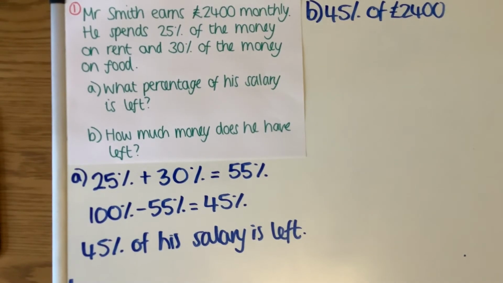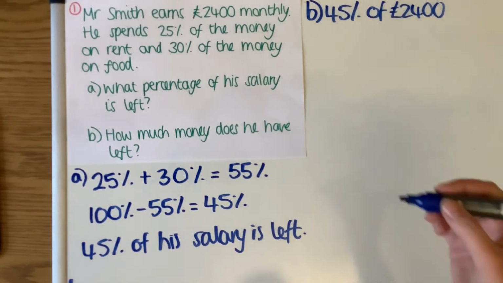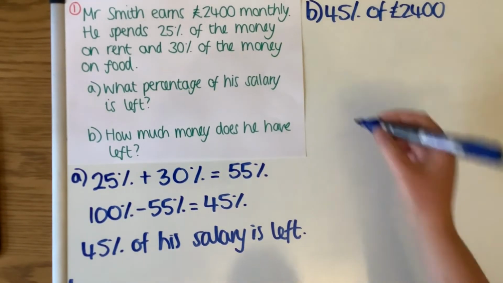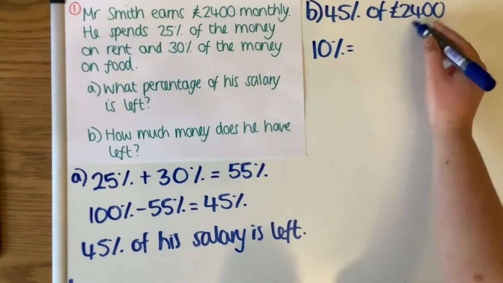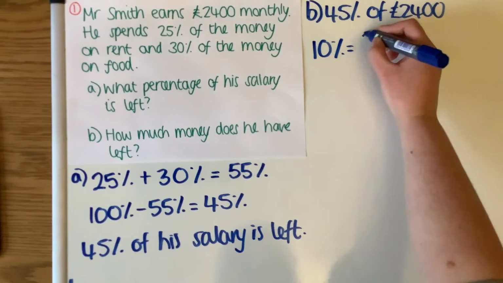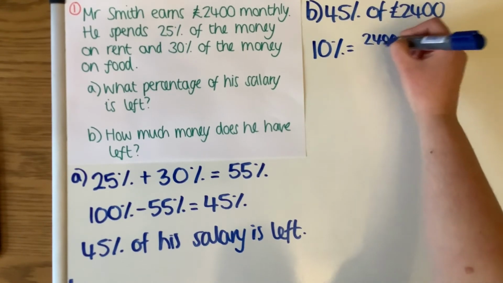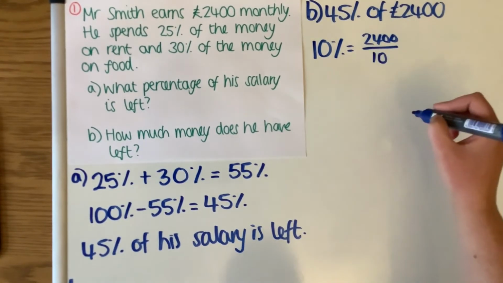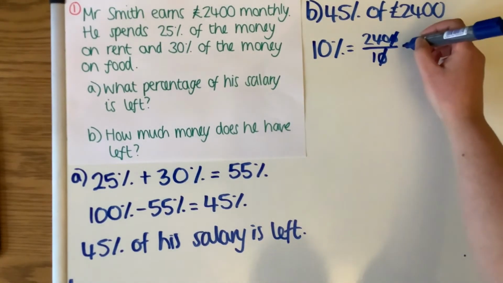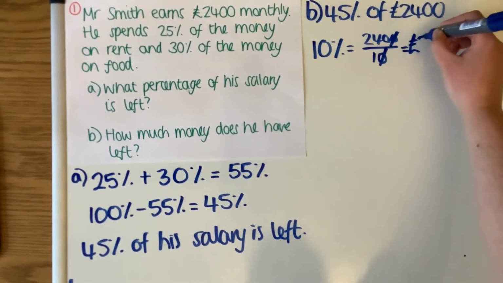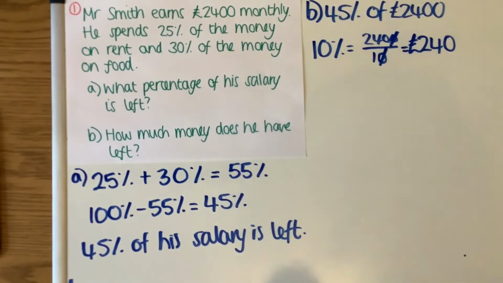Thinking back to yesterday, how I work out percentages of an amount, what I'm going to do first of all is work out what 10% is. So 10%, I need to do my total, my 2,400 divided by 10. When I divide 2,400 by 10, I get £240.